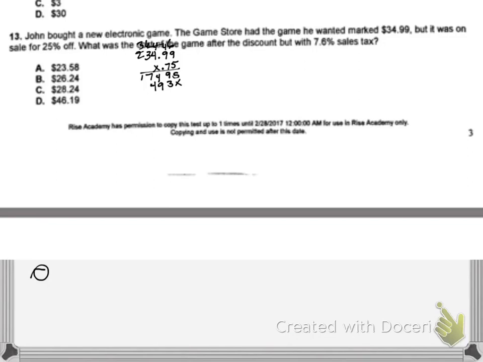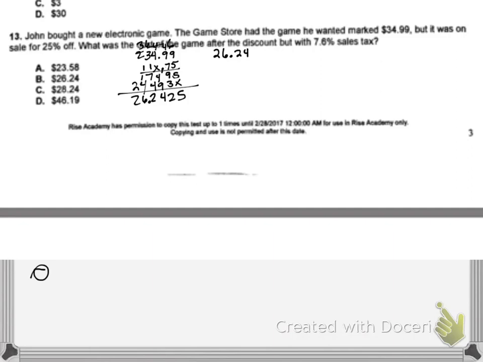Okay, maybe I have this right now. Okay, let's add this up. So 26.245. Okay, so it's money, so we have to round to the nearest cent. So this is just 26.24.